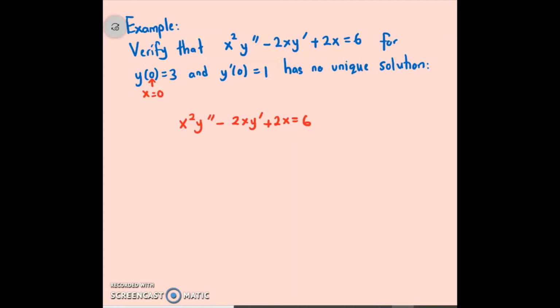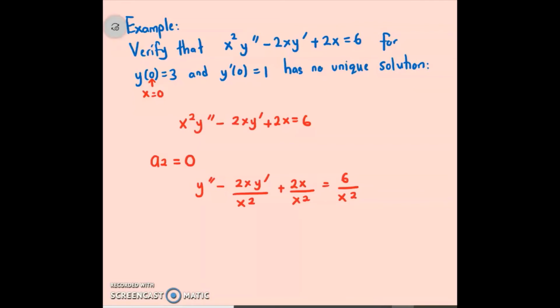So when x is 0, what happens to my a2? It gives me 0, because a2 gives you 0. And the other thing is, if I divide all by x squared, let's look at this: y double prime minus 2y prime over x plus 2y over x squared. I'm writing in the standard form.